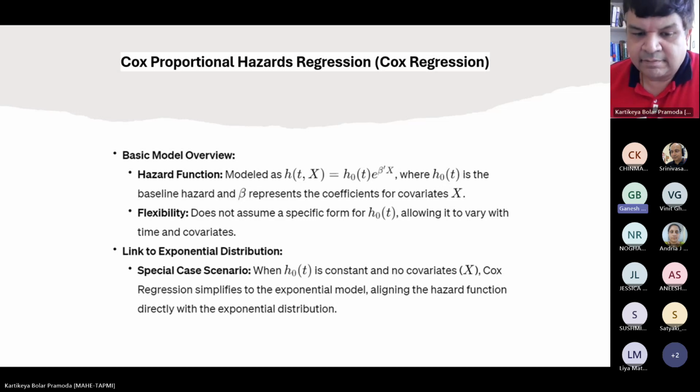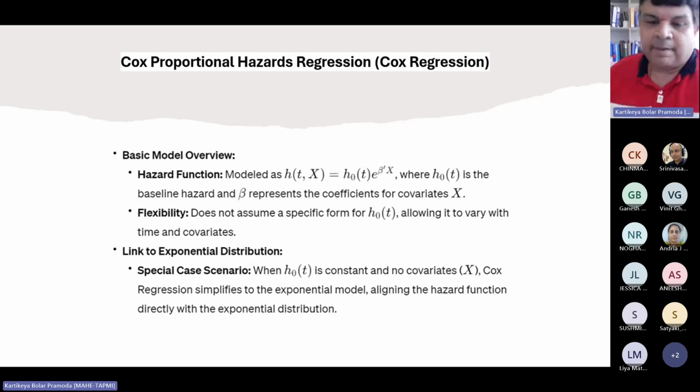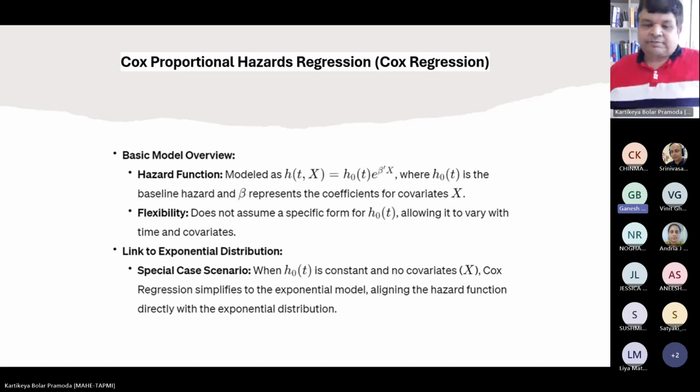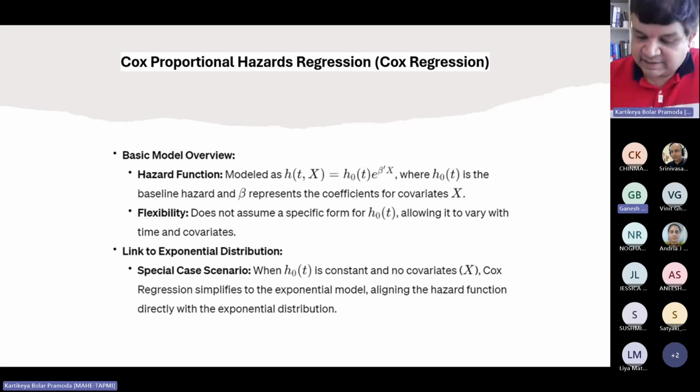So you can understand that the exponential distribution is a special case in that sense. Then this is a more generalized version. So if it is not dependent on x, then it becomes an exponential distribution. Correct, exactly.